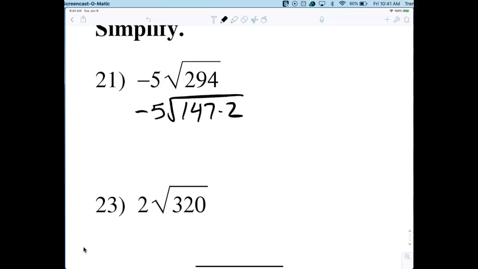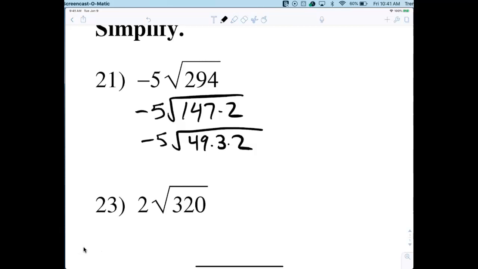Yesterday we talked about 147. Add the digits up. What's 1 plus 4 plus 7? 12, so it must be divisible by 3. So everybody do 147 divided by 3. 49. So 49 times 3 times 2. Now look, I'm really trying to help you with the understanding of the numbers.